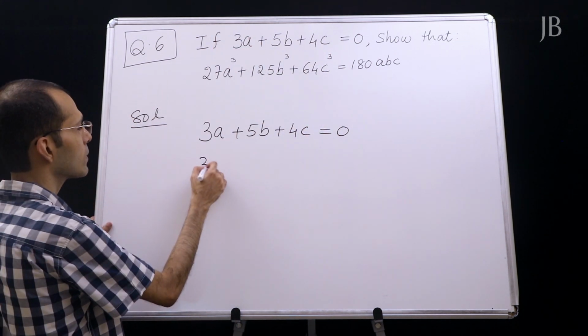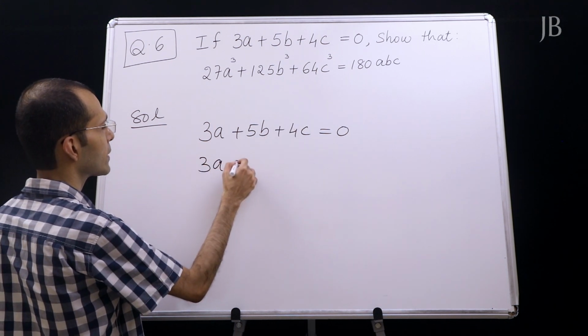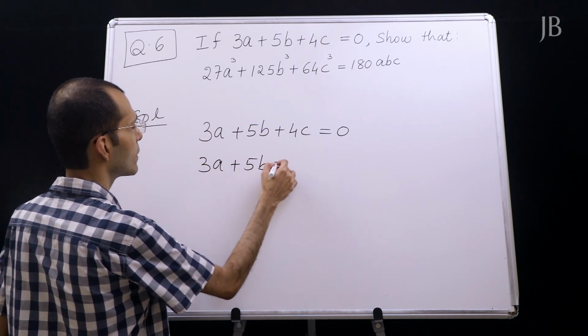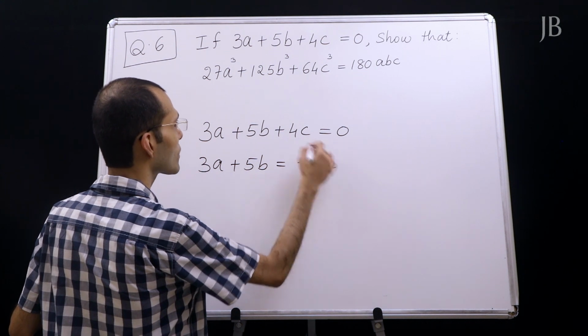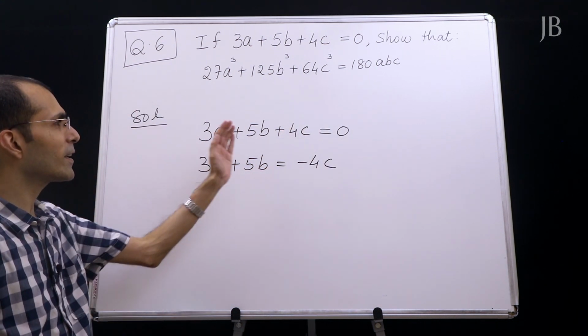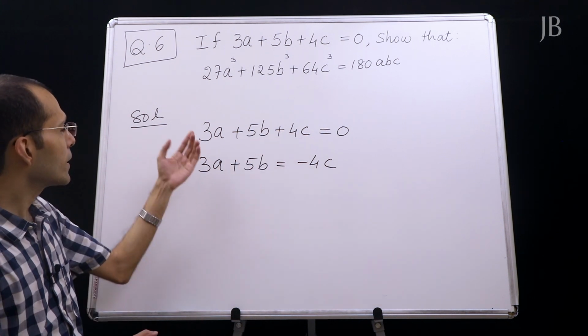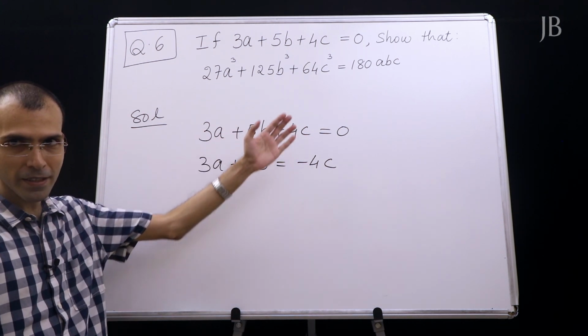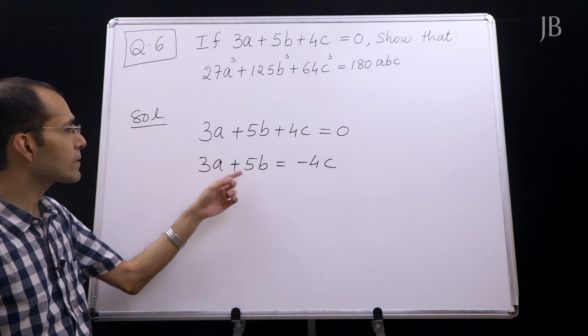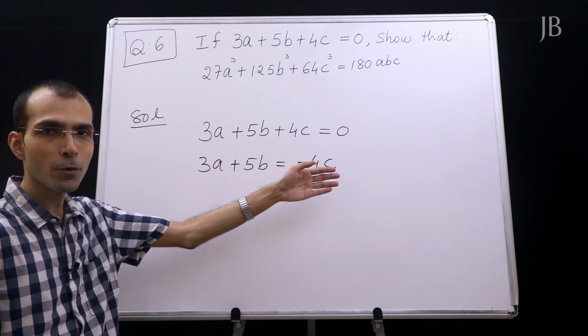So what we do? This is given. So 3a plus 5b will equal minus 4c. Anything you can take it on that side. Any one term is not necessarily this term. If 3a plus 5b plus 4c is 0, 3a plus 5b will be minus 4c.